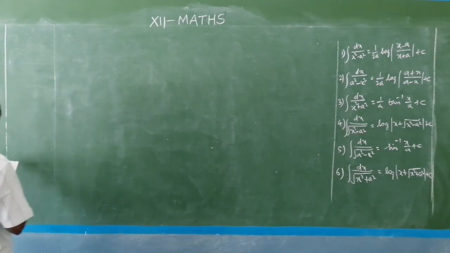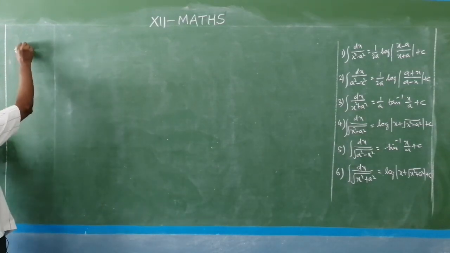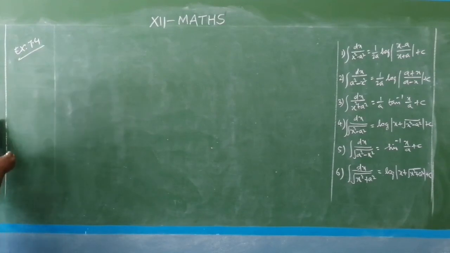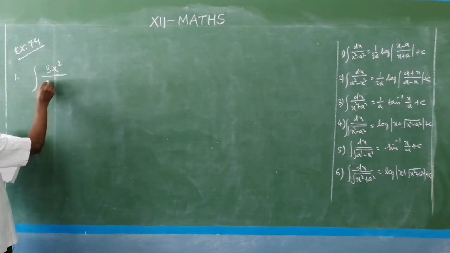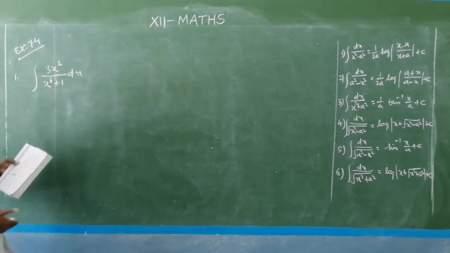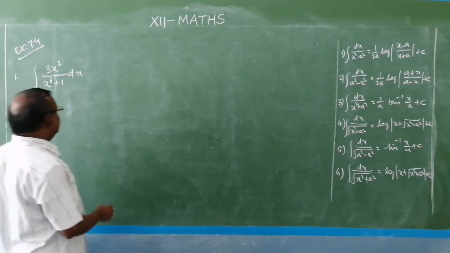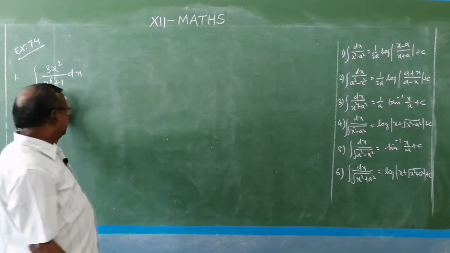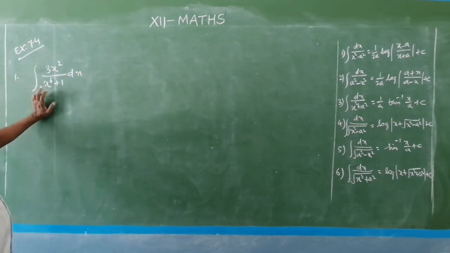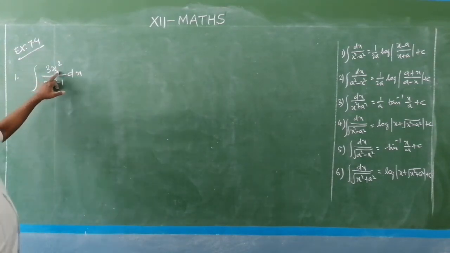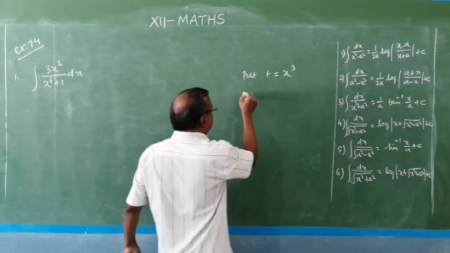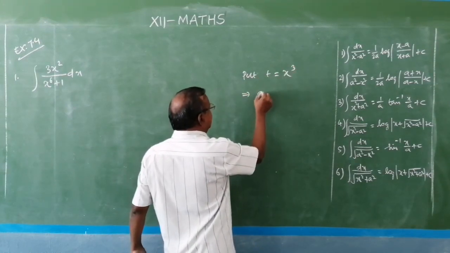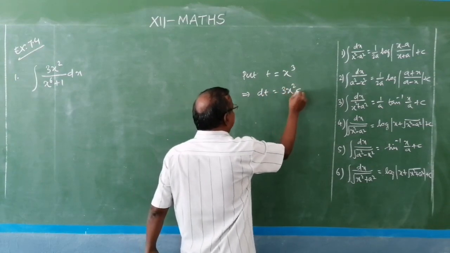So we can start with the first problem. Exercise 7.4, question number 1. Integral 3x square divided by x power 6 plus 1 into dx. For this we have to bring it to any one of these types. Look here, x power 6 and 3x square. So we can take t equal to x cube. Hence differentiating this, dt equal to 3x square into dx.